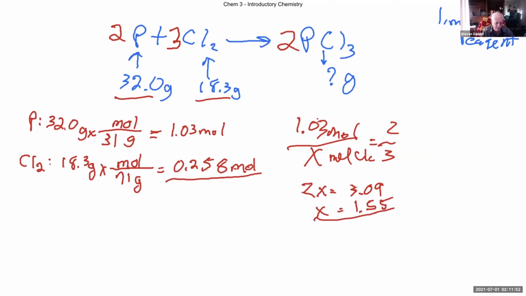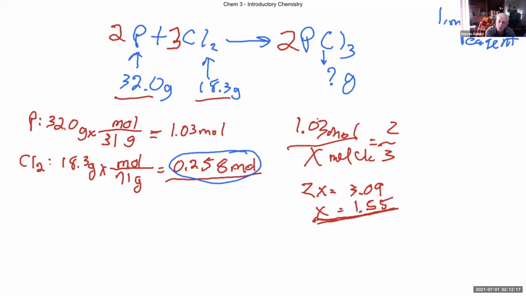Do I have 1.55 moles of chlorine? No, I've only got 0.258, right? So for this reaction to proceed, I would have to have 1.55 moles of chlorine, and I don't have that much. So this is my limiting reagent. Okay, I just don't have that much.